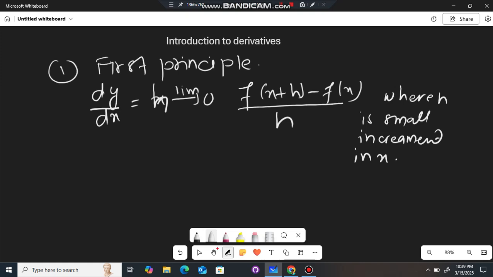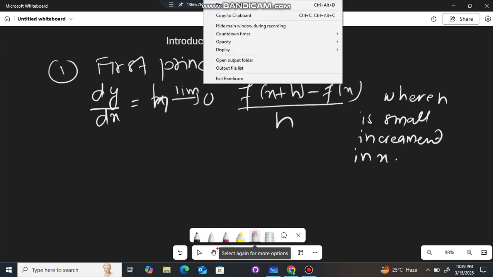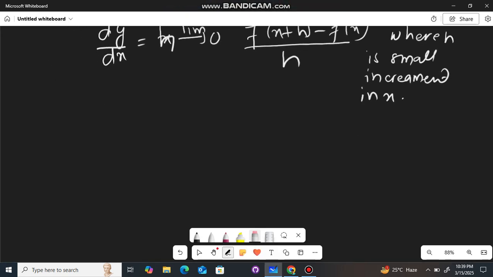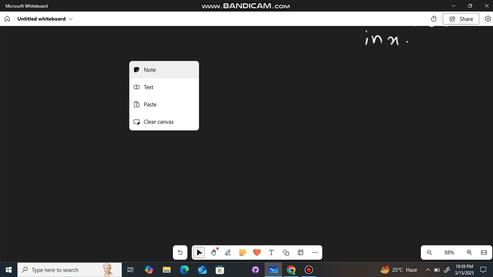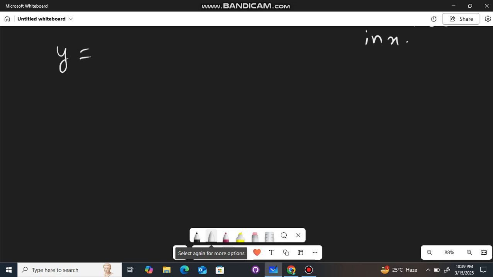Let's try to solve some equations. Okay, suppose the equation provides us y equals x plus 3, and we are trying to differentiate it.